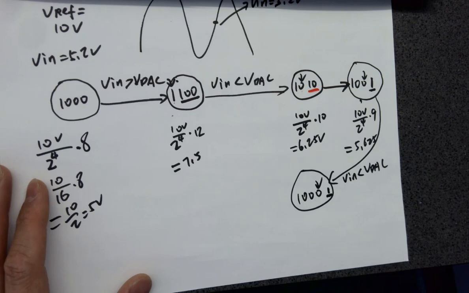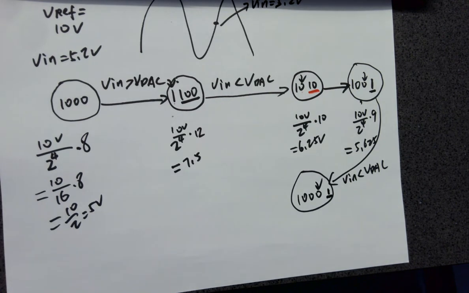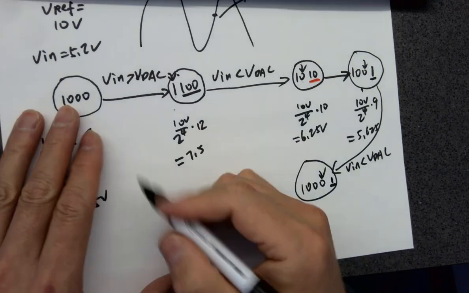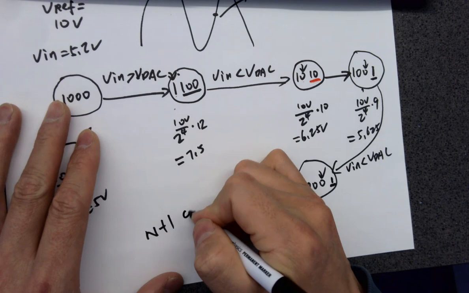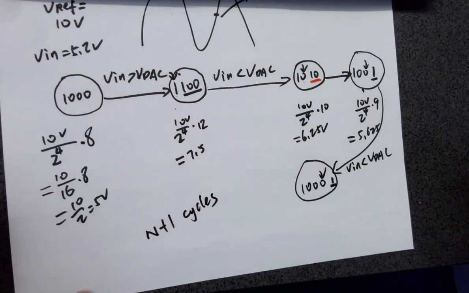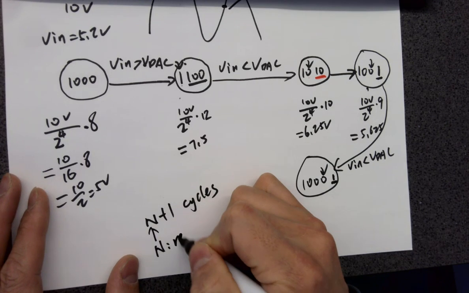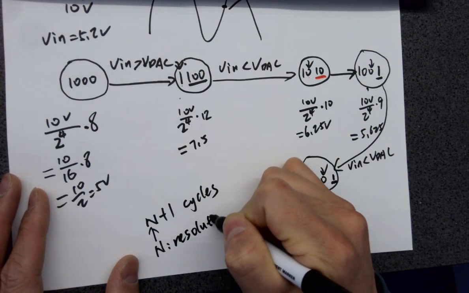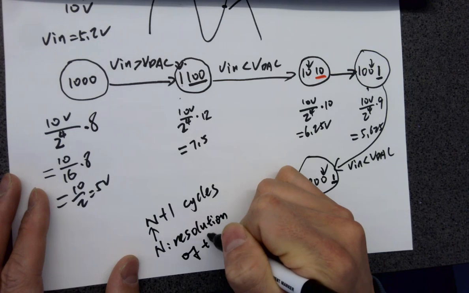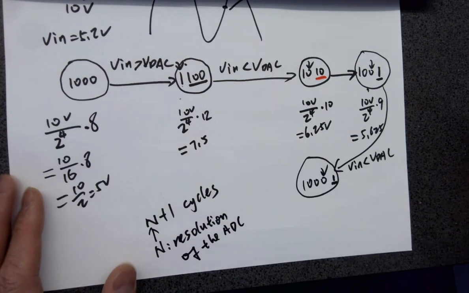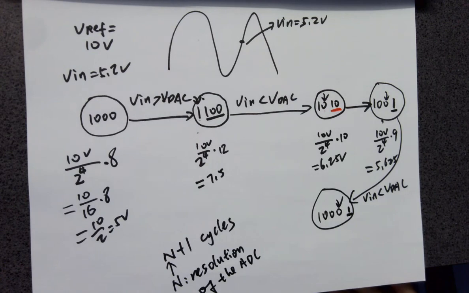So count how many cycles you need. 5. So you need N plus 1 cycles, where N is the resolution of the ADC. What's the resolution of this ADC? 4-bit.